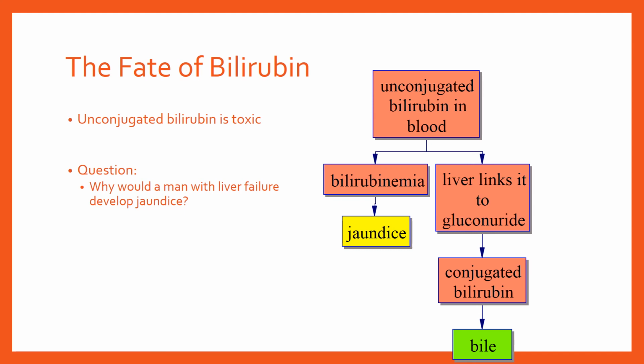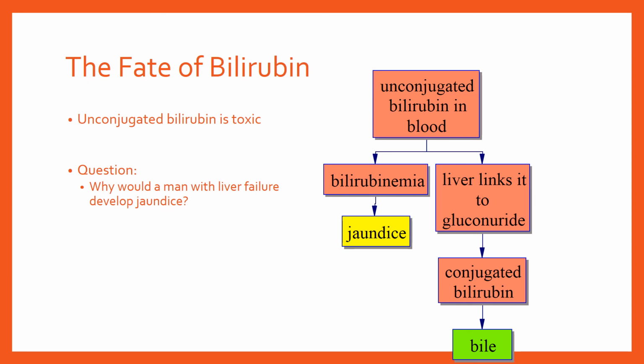Sometimes it's so extensive the yellow has a somewhat green tinge. The liver can conjugate the bilirubin by linking it to glucuronide, and it's used for production of bile.